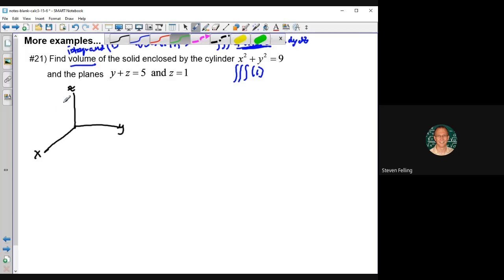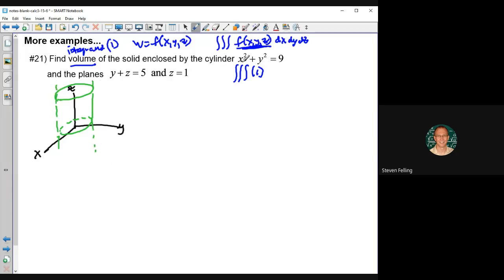So I have something like a radius of 3 cylinder, but it goes forever. It would definitely be around the axis here, continuing in the z direction, something like that.